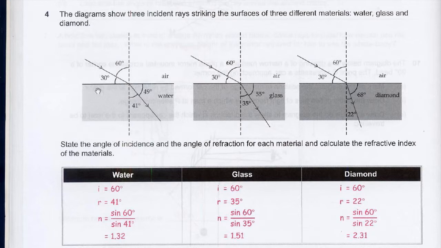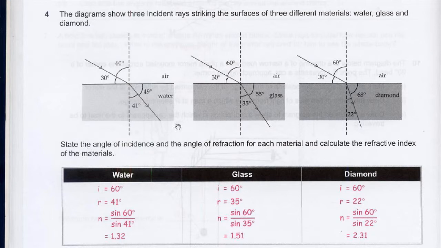The 30 degrees over here is simply to confuse you. Remember that the angle of incidence is the angle between the incident ray and the normal. So ignore the 30 degrees. They're asking you to state the angle of incidence and the angle of refraction for each material and calculate the refractive index of the materials.